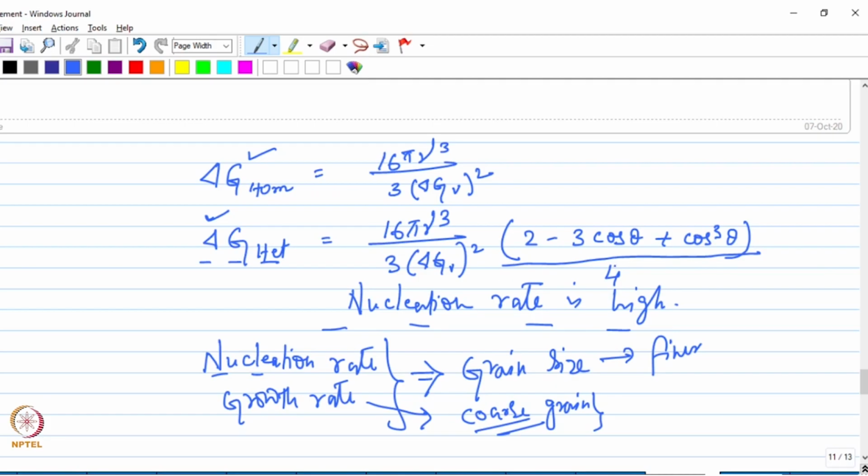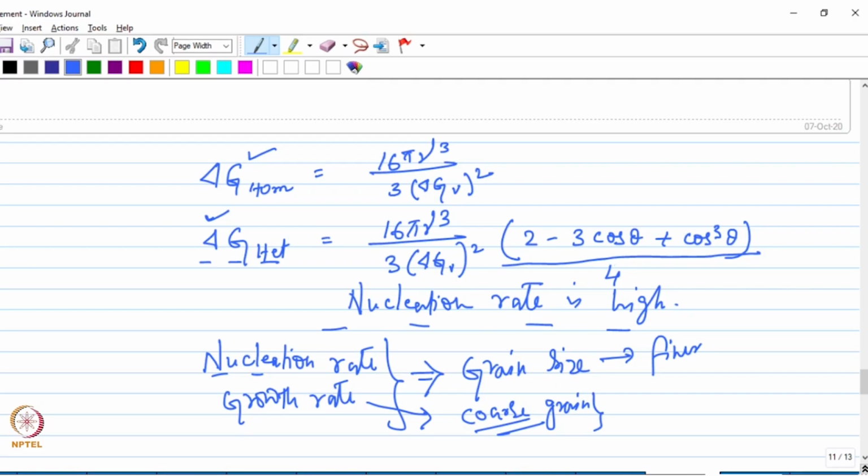Now the question would be how to create these heterogeneous sites. Okay, you do not know what is there in the liquid metal. It is all melted now, everything is in liquid state. So inside what is there we do not know, right? But at the same time we have to make sure that we have certain things which can act as preferential nucleation sites.